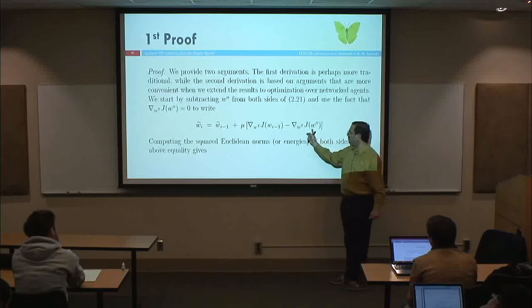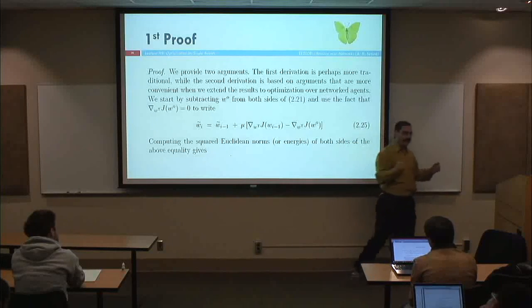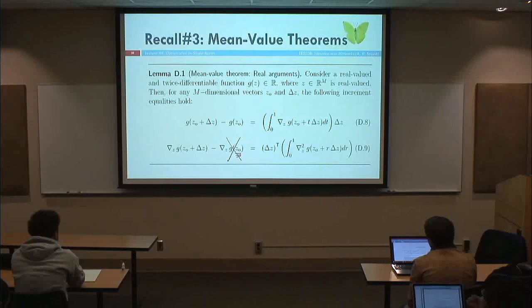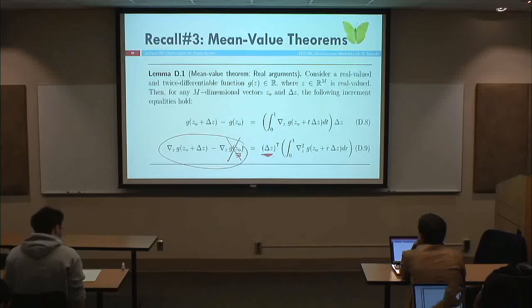Because now I can apply the mean value theorem here, right? The mean value theorem on the gradient difference will be related to the difference, plus something that depends on the Hessian. But the important thing is that you will get the difference.